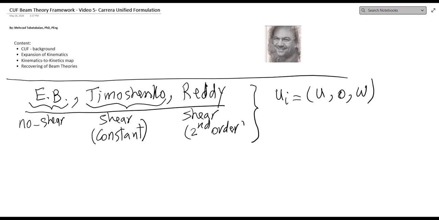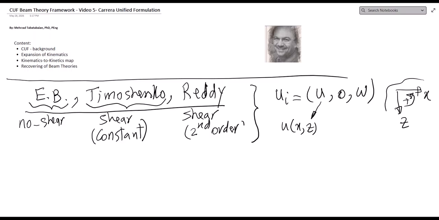We consider u to have the deformation in the plane of the beam, and in general this is a function of x and z, considering our coordinate system, which I use in all of the videos.